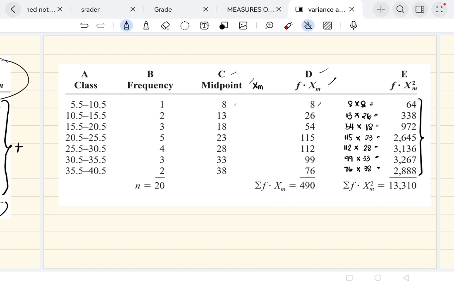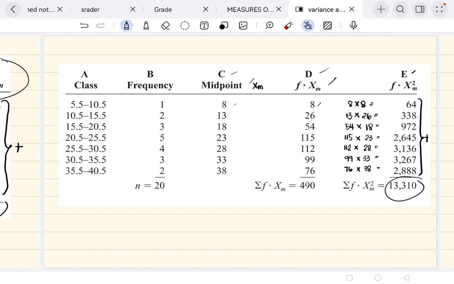So we will add all the answers in column E. We have 64 plus 338 plus 972 plus 2,645 plus 3,136 plus 3,267 plus 2,888. The sum is 13,310.